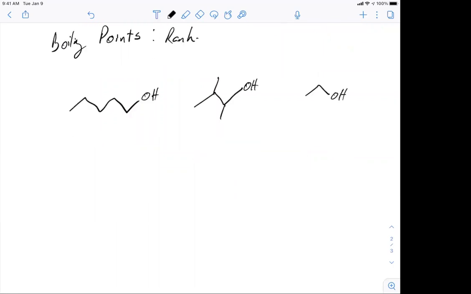Rank those, and then also rank, and we'll do a couple of series here. So I'll give you a little bit more time on these.